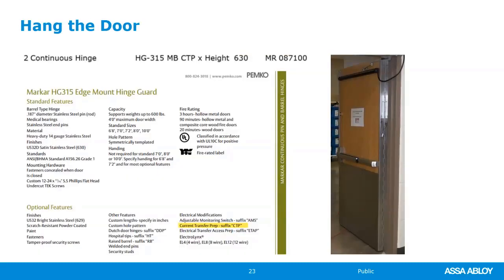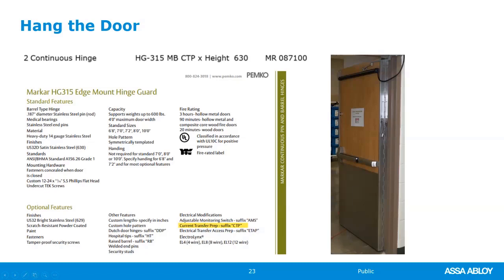Okay, so hang the door: high frequency, high abuse area, power operator, wood door, fire rated, and this is where we would use the Markar pin and barrel stainless steel hinge as compared to the aluminum geared hinge, which I use on the hollow metal doors. This does have the CTP prep, so the CTP is a power transfer.